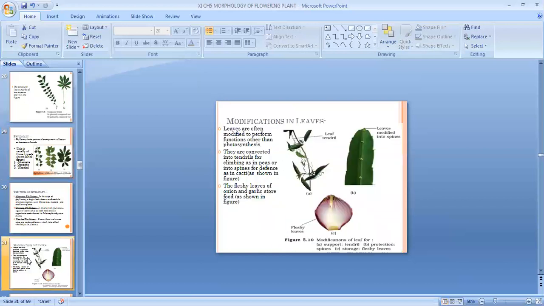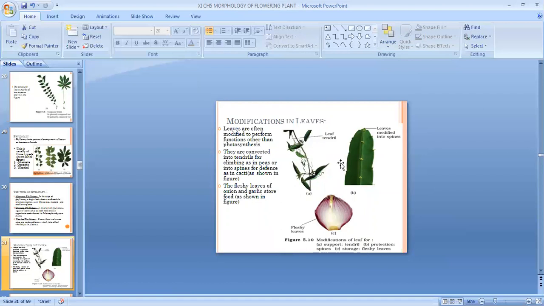Now, the last part of the leaf, that is the modification of the leaf. The leaves are often modified to perform functions other than photosynthesis. The leaves may be converted into tendril, like in pea, which helps in climbing.